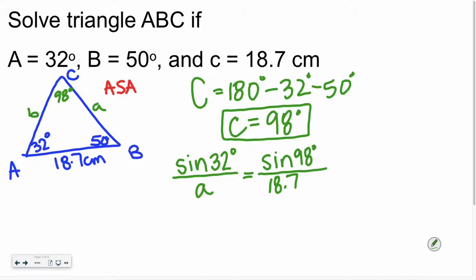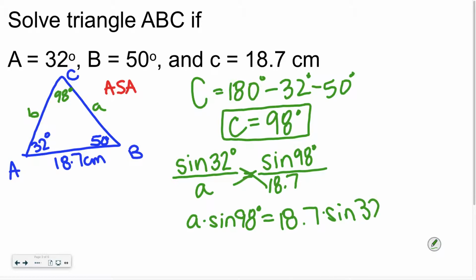How do we solve this? We cross multiply, okay? We can take A times the sine of 98 degrees and set it equal to 18.7 times the sine of 32 degrees.